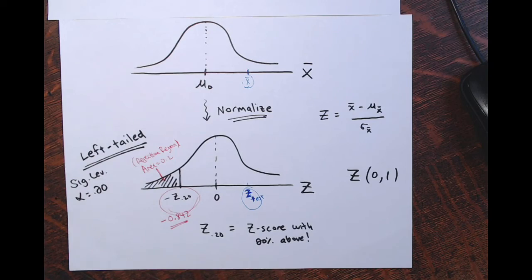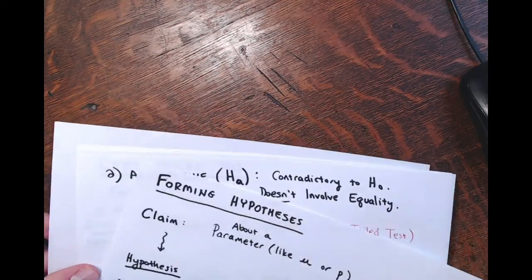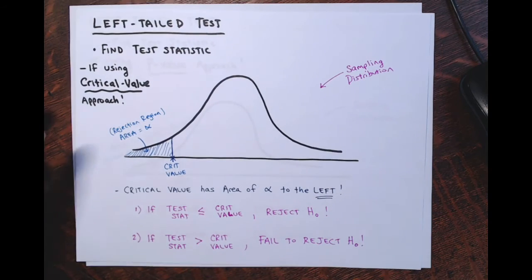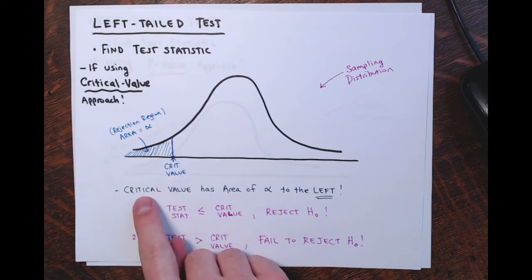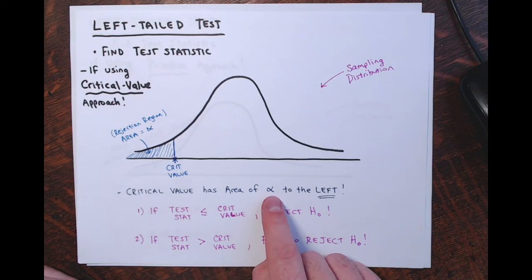When you have a left-tailed, right-tailed, or two-tailed test, here's the left-tailed test we just saw. Remember, the critical value for a left-tailed test has an area of alpha, the significance level, to the left.